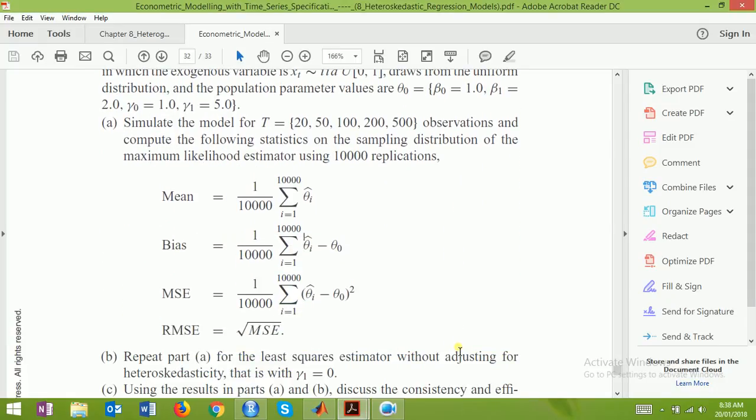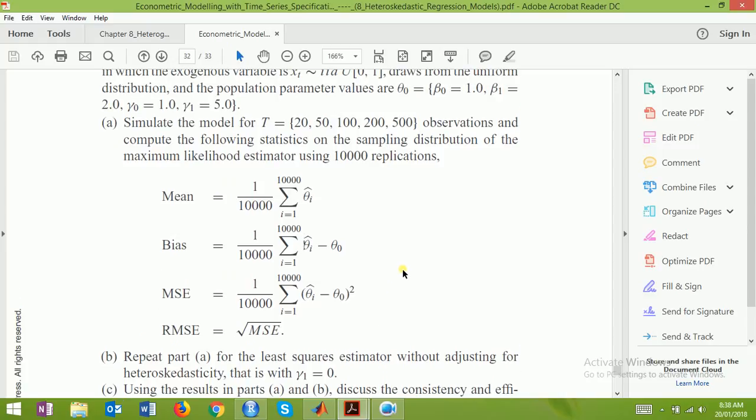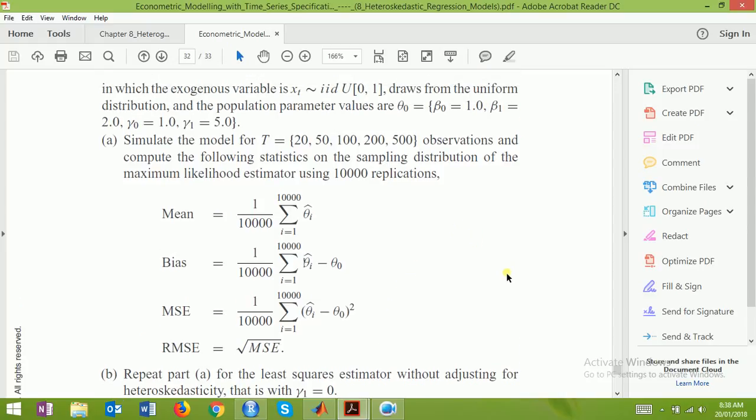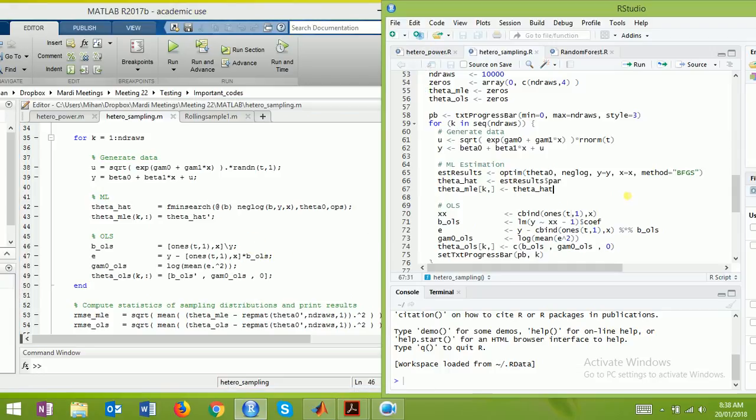Mean squared error, maximum likelihood estimation, least squares. Basically it requires us to do everything. So population parameters are estimated with maximum likelihood, and then we need OLS as well. So we do OLS here.